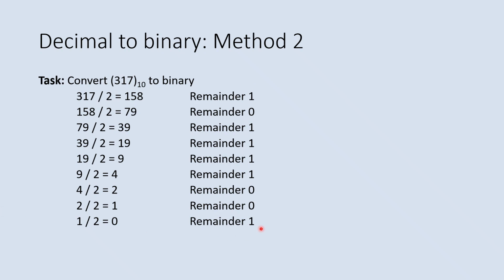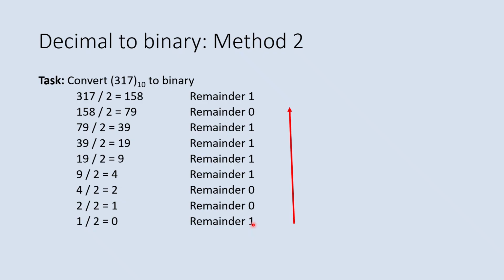Now when we look at these remainders, the remainders are the part that tell us what happened with the calculation. So the step-by-step dividing by 2, keeping track of the whole number portion and the remainder portion. To create the binary string, we're going to read that in reverse order, read that back up.